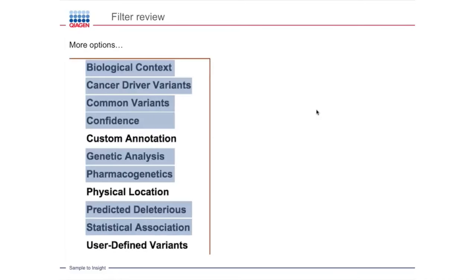In addition to these more commonly used filters for your analyses, there are other tools available in the application to do custom annotations. So if you have a certain criteria that you would like to include at the variant level, so you have specific annotations for variants that you either included in the info field of your VCF file, or you can upload these as a bed file, you can then use that to filter variants in the application using the custom annotation filter.